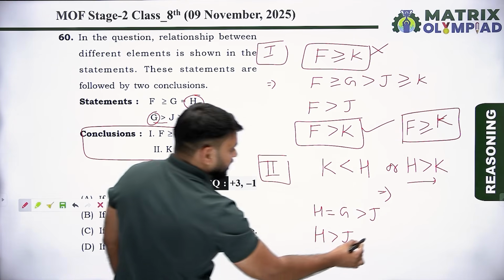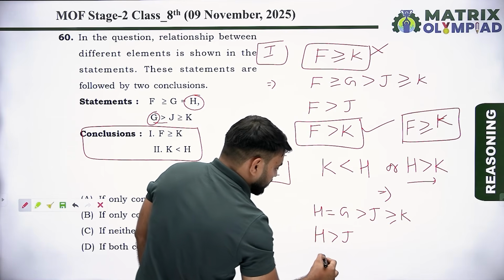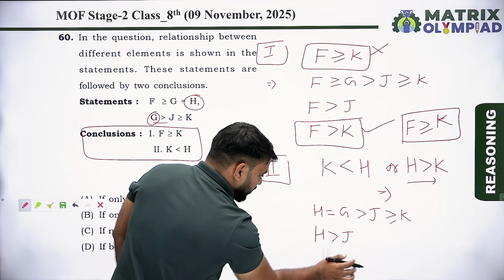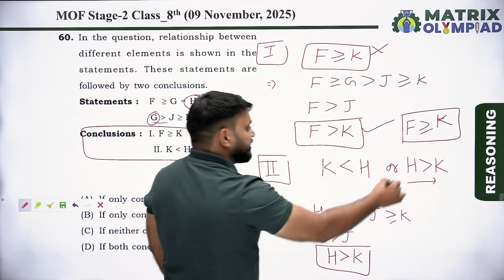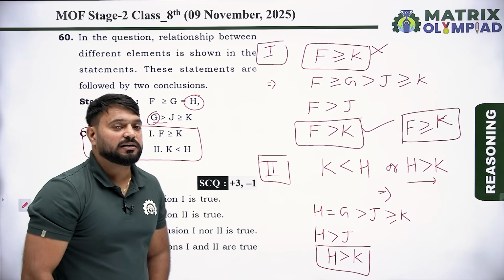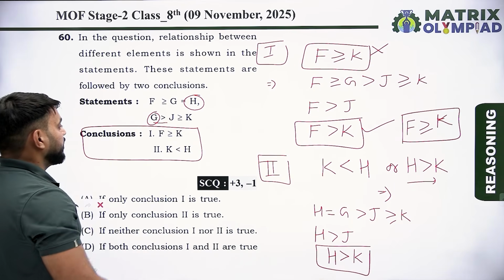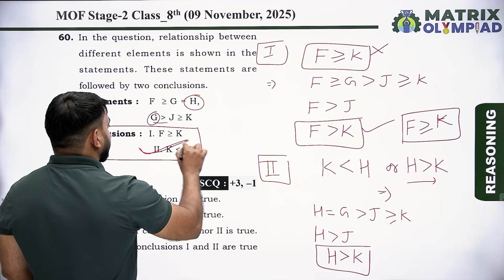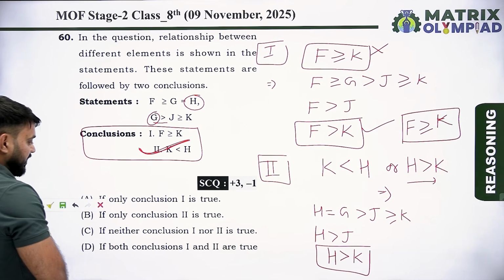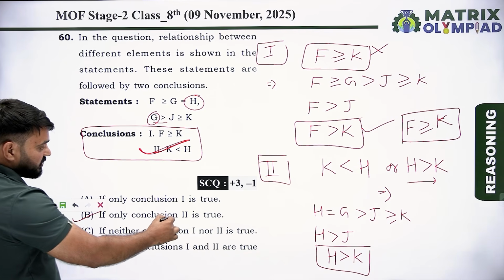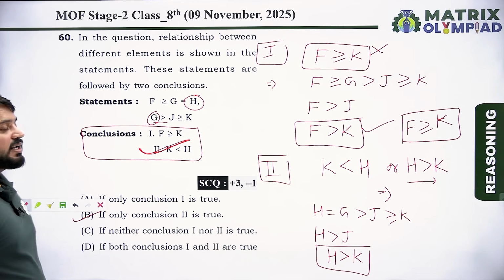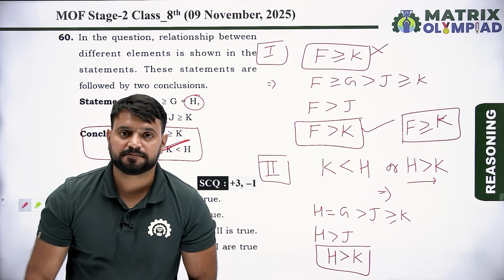Now g is greater than or equal to k. So it means h is greater than 2k. So h is greater than 2k is the definitely true conclusion. So here only conclusion second is true, is the correct answer of this question. So it means option B, only conclusion second is true, is the correct answer of this question.